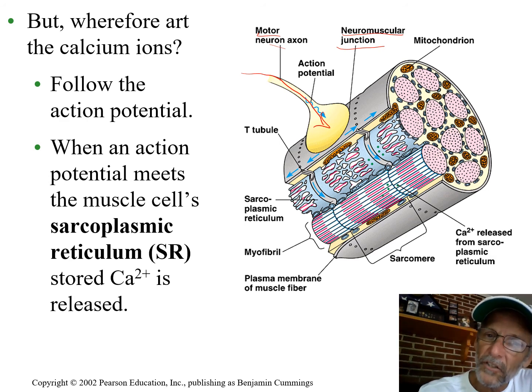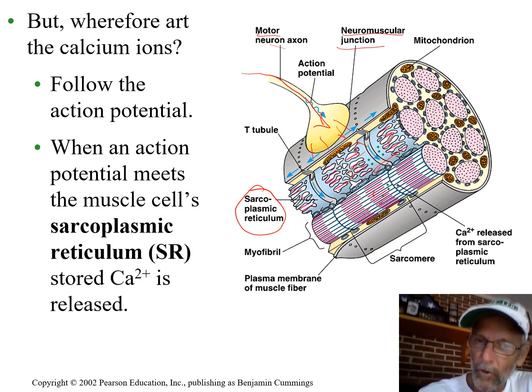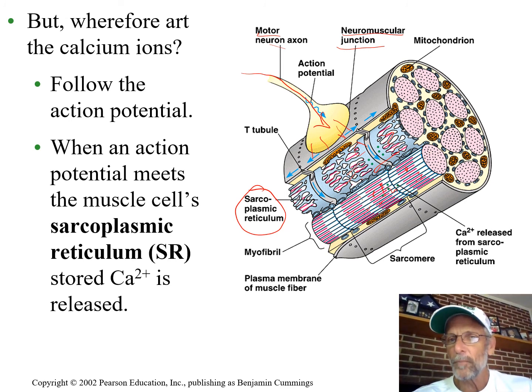But what that's going to do is open these calcium gates. When that neurotransmitter acetylcholine hits the receptor here, signal transduction pathway, it's going to cause the calcium gates in this endoplasmic reticulum, specialized in a muscle cell, that's called sarcoplasmic, but it's still endoplasmic reticulum, to open and spill the calcium all over the sarcomeres, right?